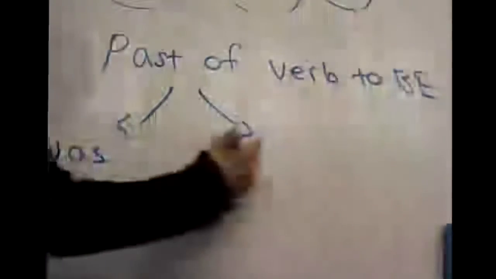When it comes to verb to be, there is something called present of verb to be or past of verb to be. Past of verb to be will be was and were. These two things.